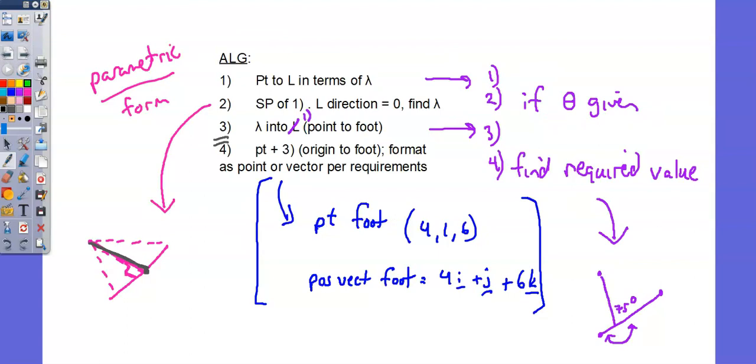In step 2, we have a given angle in that last example. And in step 4, there's some required value based on the relationship of 1 to root 7, or in that particular case, 2 required values. That concludes the lesson on vectors parametric equation applications.